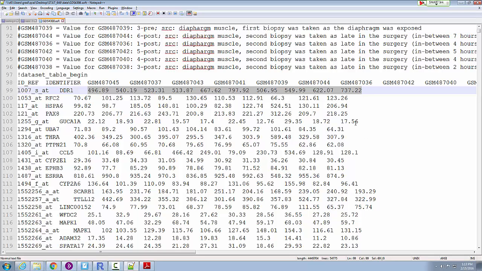Just think about Stats 101. You have 10 numbers. You want to test the null hypothesis that the mean expression level for this gene is different, late surgery versus early surgery. What would you do? You could run a non-parametric test or a parametric test.